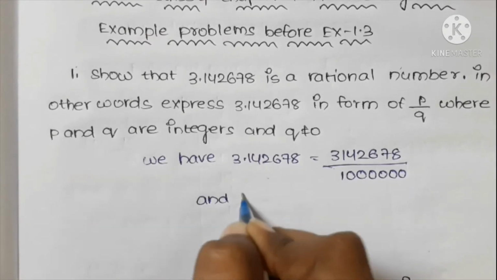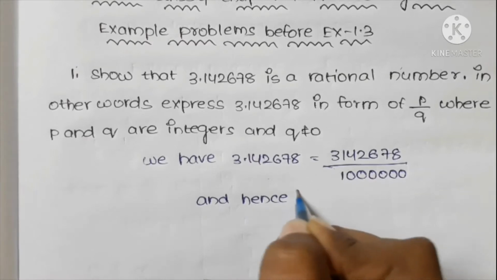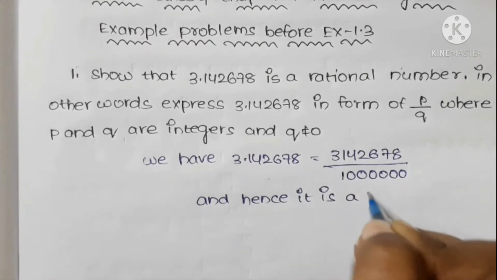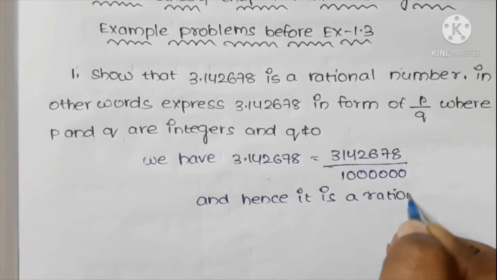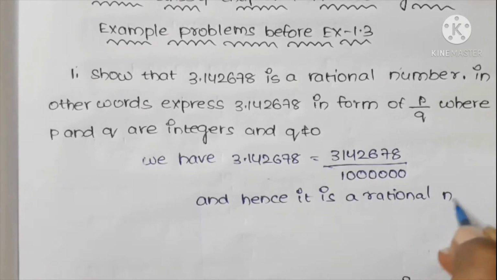and hence it is a rational number because it is in the form of p by q, where both the numbers present in the numerator and denominator are integers and q is not equal to 0.